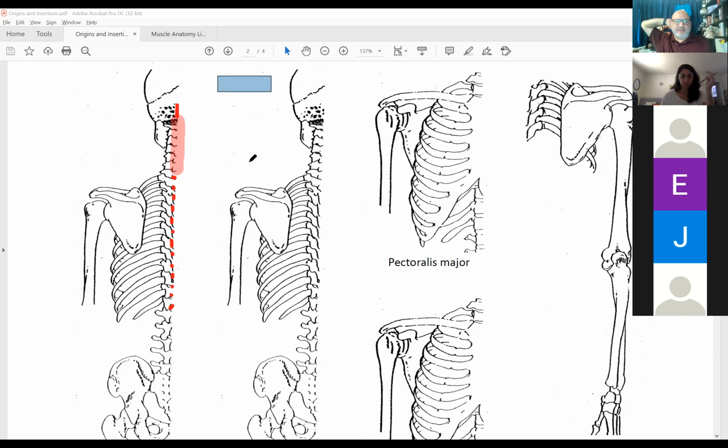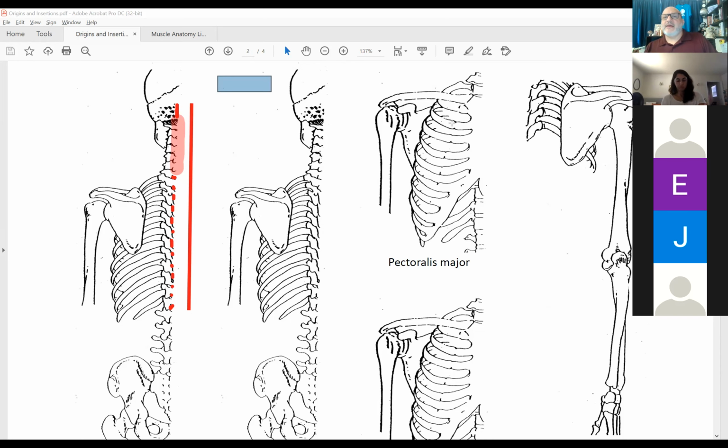But if you think about it, that makes sense. Our cervical bones, we need that flexibility of movement. So it makes sense that we wouldn't want to anchor a big, huge muscle like this to the vertebrae of the neck, because that might restrict their movement. So notice this gives us essentially a continuous median origin, just not all of it is to bones.